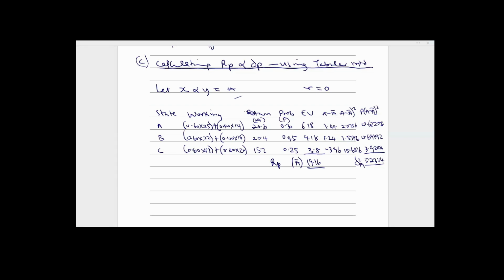So finally, to now get the risk of the portfolio, I would then say the risk of the portfolio measured by standard deviation is the square root of the variance. So the square root of the variance, which is the summation of probability times (A minus A bar) squared, equals the square root of 5.2344.